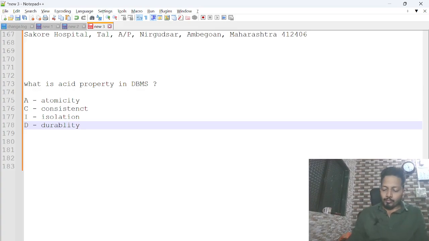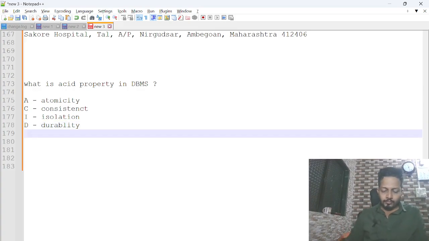Durability means our transaction is completed, but due to some error on the server, a hardware error or anything, the server got crashed. But when the server comes live, do we want to lose our transaction data?